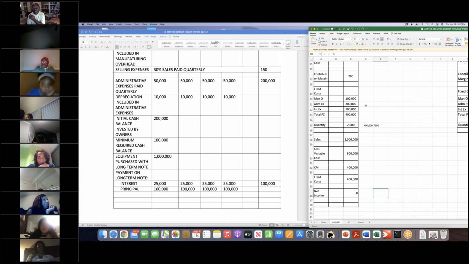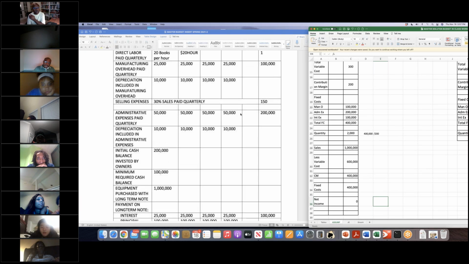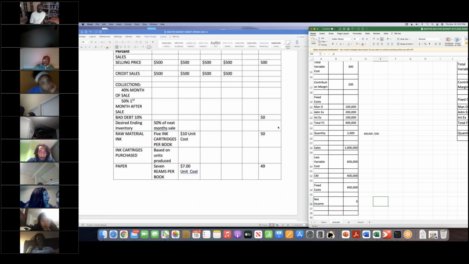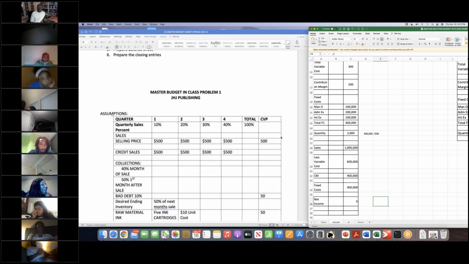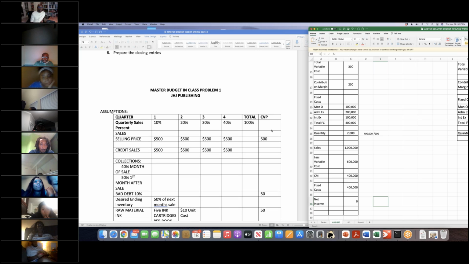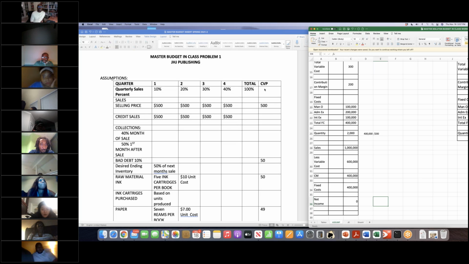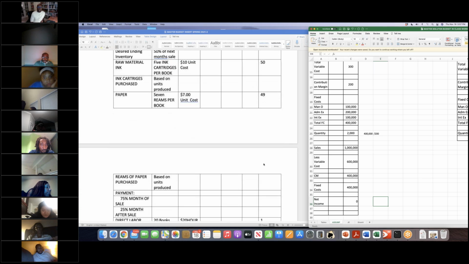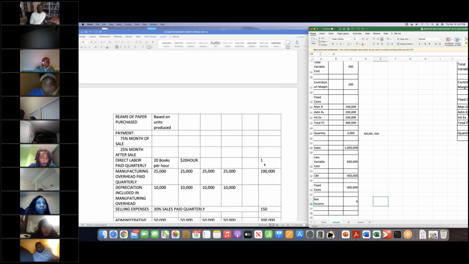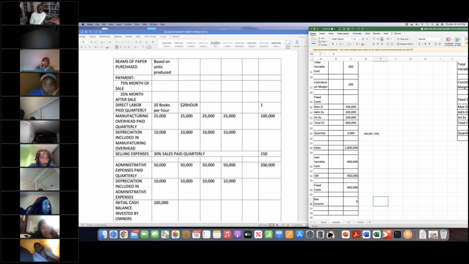So the first step is always you're going to go in here and look at these numbers. You can take it to the bank that everything in this red column, whenever we have a problem or exam or a quiz, these items are the ones that are going to go in the CVP column.